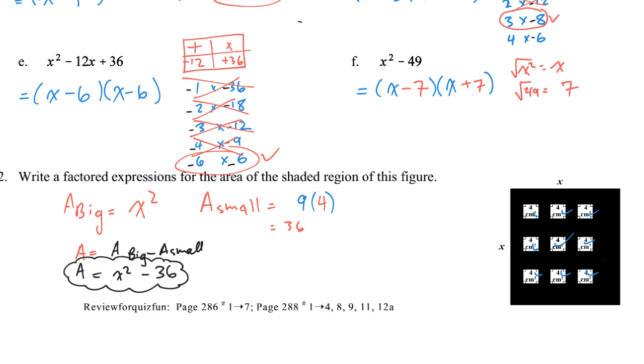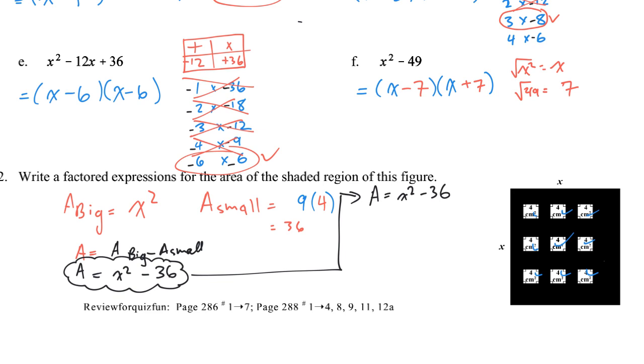So now let's continue. It says, find a factored expression for the area of the shaded region. So the area of the shaded region is this. In order to factor it, we're going to imagine that we're just looking at it. A is equal to x squared minus 36.